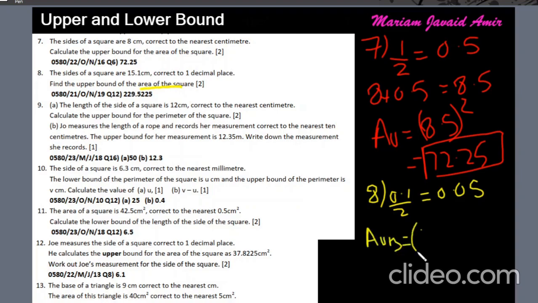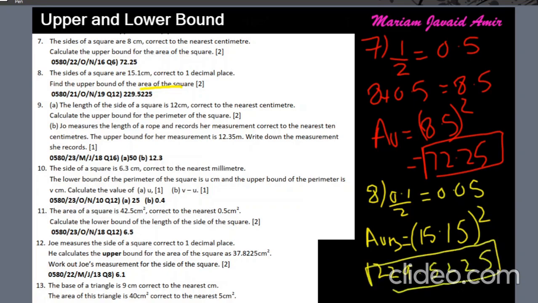That would be 15.15, and then take its whole square. Let me see what we get. 15.15 squared gives 229.5225. Remember, we're not supposed to round off answers for upper bound and lower bound.